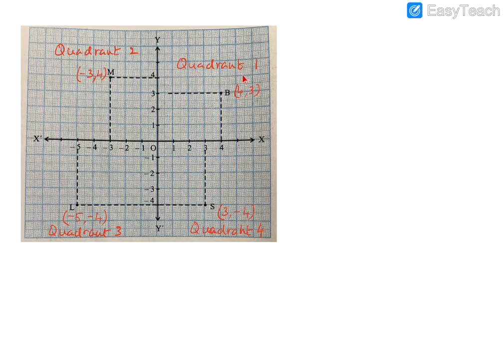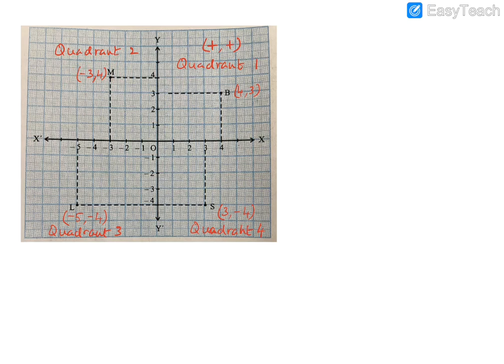So any point that lies in quadrant 1 or the first quadrant will have both the x and y coordinates as positive numbers. So it is plus comma plus. X is plus, y is also plus.